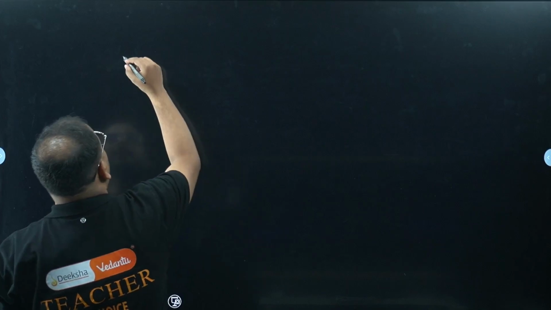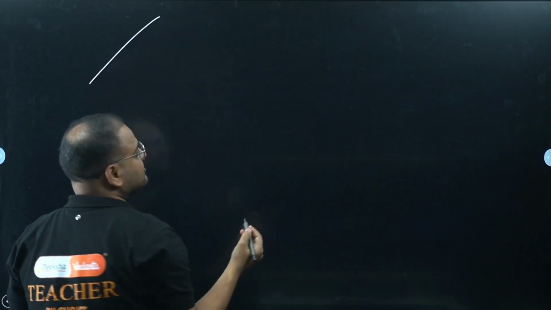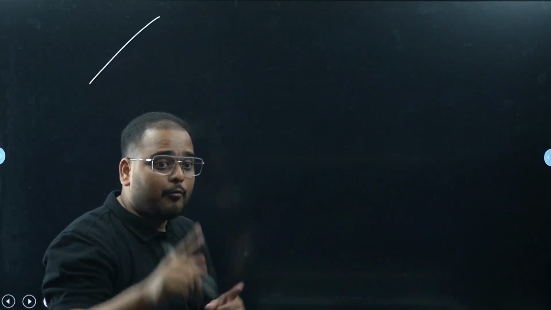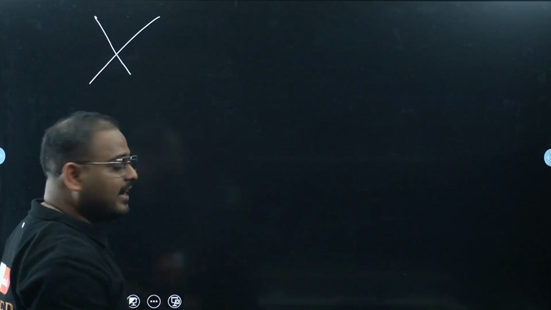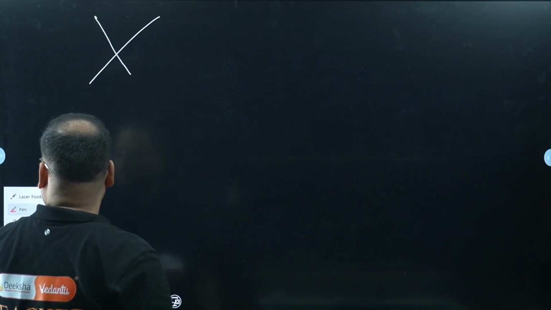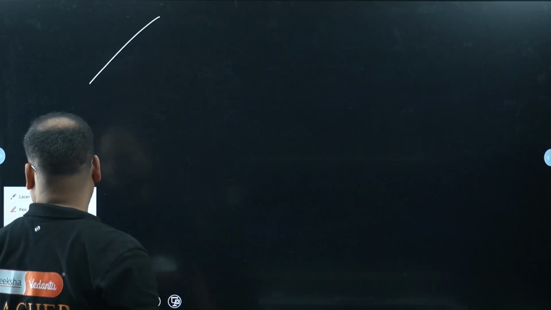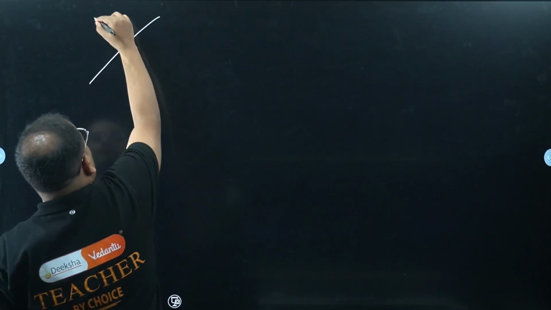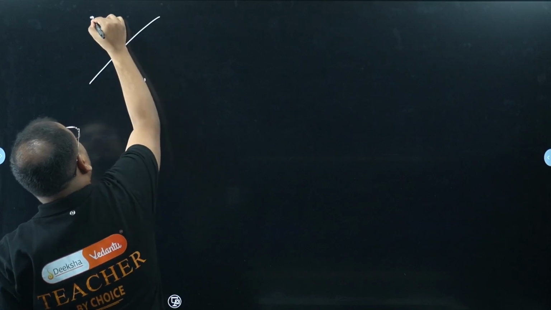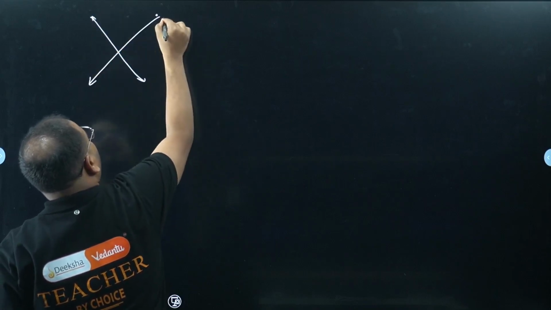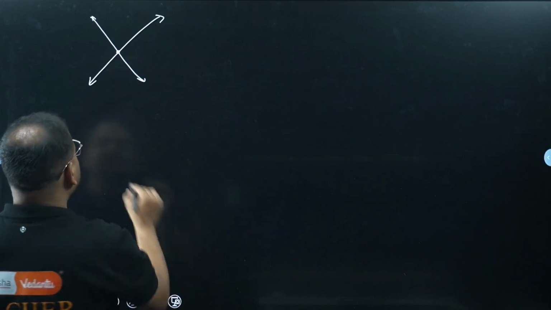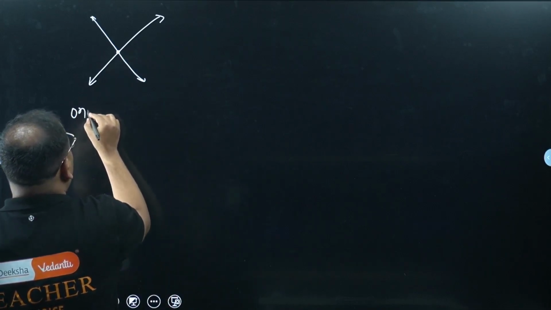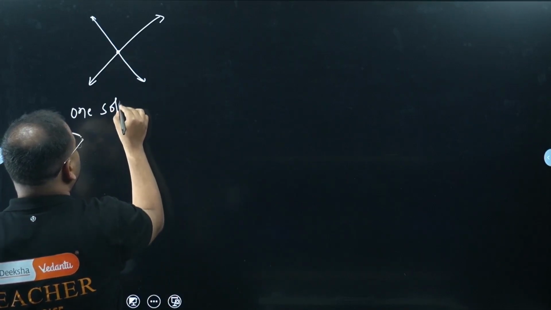The first form is when I have two lines. One solution means one point of intersection. So I have two lines intersecting at one point. This is my point of intersection. This is called one solution.